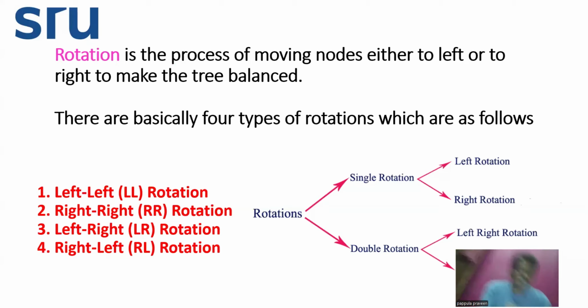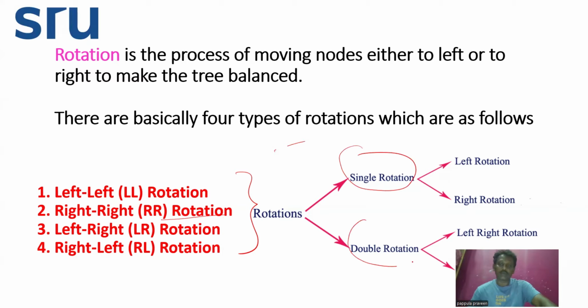Okay, balancing. There are basically 4 types of rotations, which is important: left rotation, right rotation, left right rotation, and right left rotation. Rotations are of 2 types. First one is single rotation, and the second is double rotation.